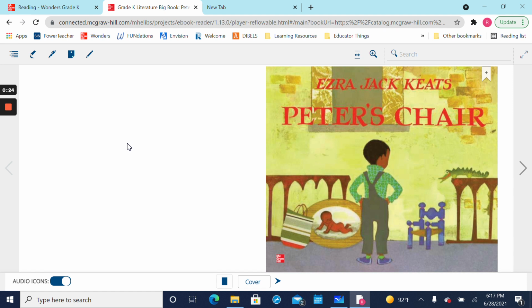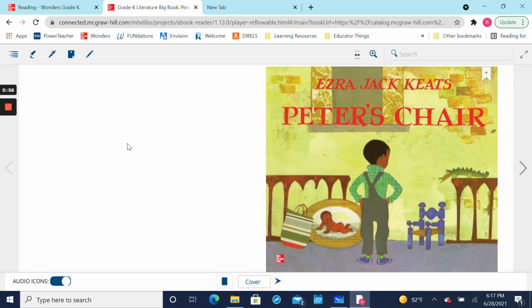And to help us remember and organize our thoughts as we read our story, we are going to focus on two things. We're going to be asking and answering questions to ourselves before we read, while we're reading, and after we're reading, because good readers ask themselves questions while they're reading so that they make sure that they understand what is happening in the story.